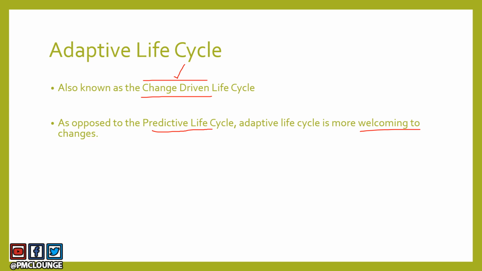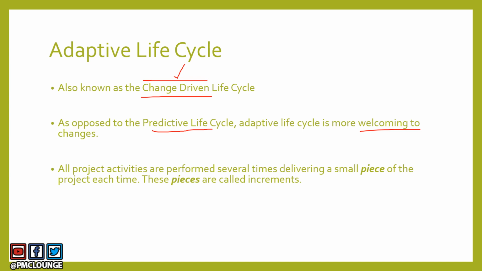But here in adaptive life cycle, we are welcoming changes, and how we are doing it is by performing all the project activities several times in the course of the project. And each time we perform all the project activities, we deliver a small piece of the project.